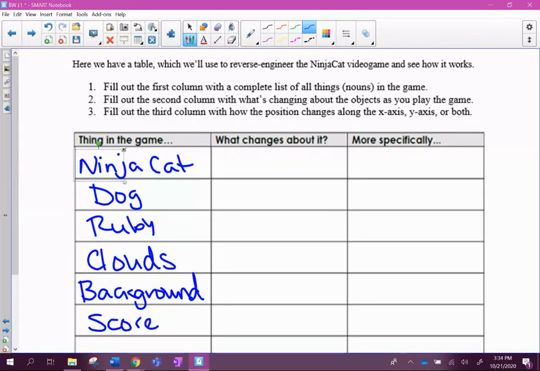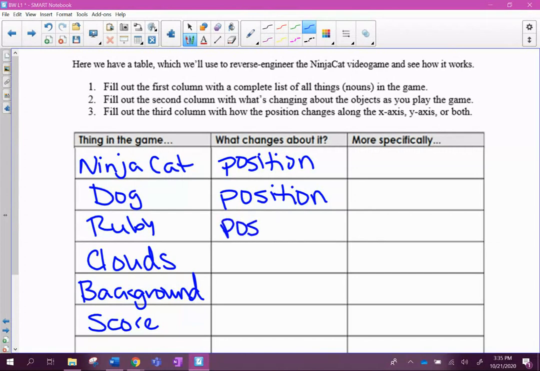Okay. Number 2, fill out the second column with what's changing about the objects as you play the game. So NinjaCat, what do I change about NinjaCat? Its position. Same thing about the dog. The dog was changing its position. It was getting closer to me. The ruby was also changing the position.